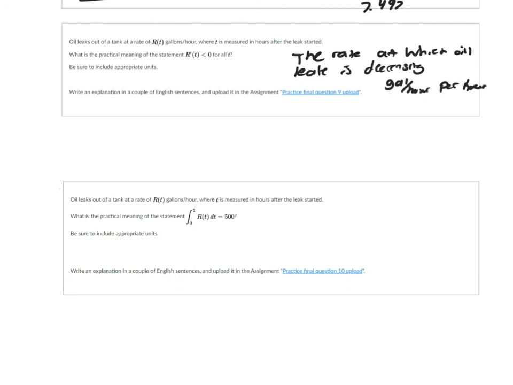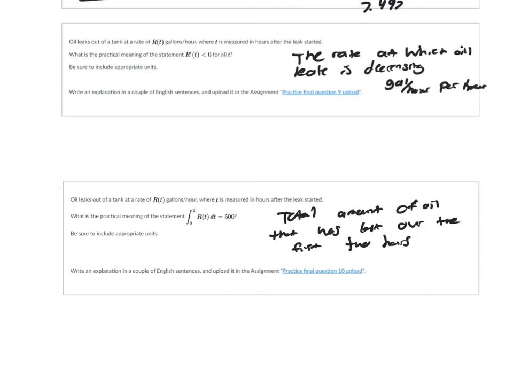And so what I'll say is that is the total amount of oil that we lost over the first 2 hours. And that is equal to 500 gallons.